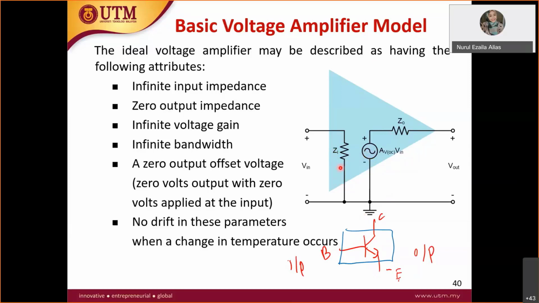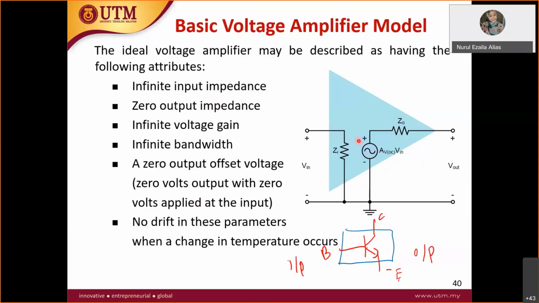In this amplifier model, it has Zin, which is the input impedance, AVOC, which is the voltage gain at open circuit Vin, and also Zout. This ideal voltage amplifier may be described by the following characteristics: infinite input impedance, zero output impedance, infinite voltage gain, infinite bandwidth, zero output offset voltage, and no drift in these parameters when a change in temperature occurs.